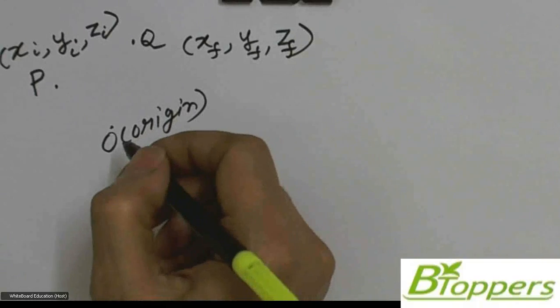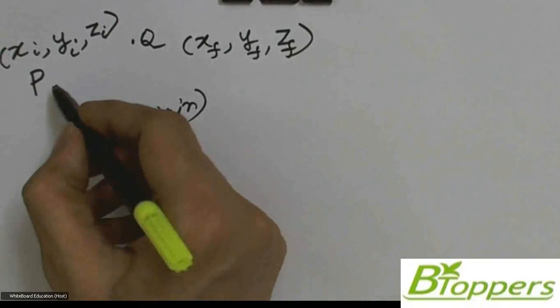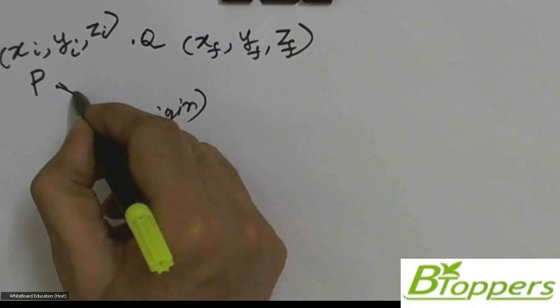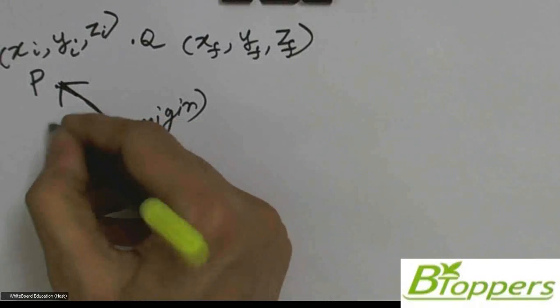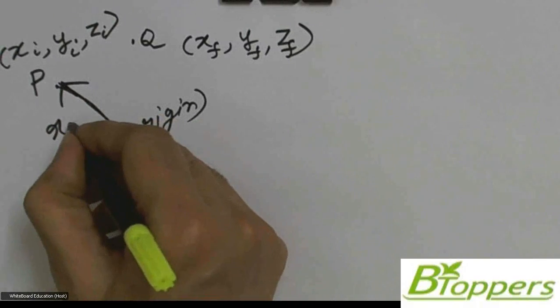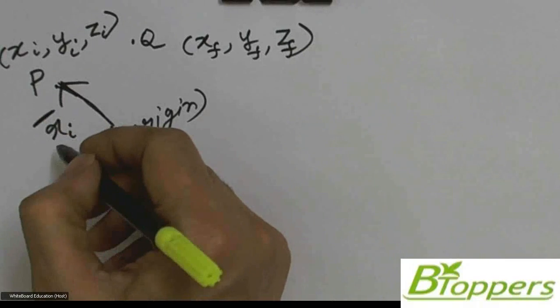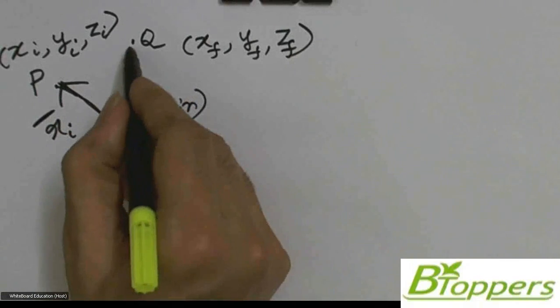Let O be the origin of the fixed coordinate system. Now the direct line segment OP bar represents the position vector of the initial position of the particle, that I have denoted by Ri bar.